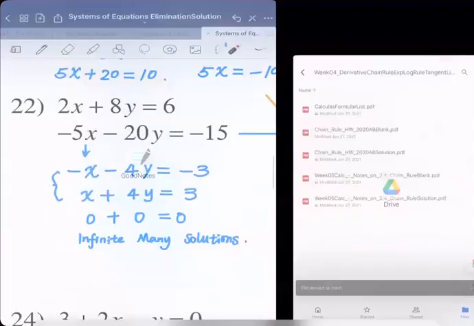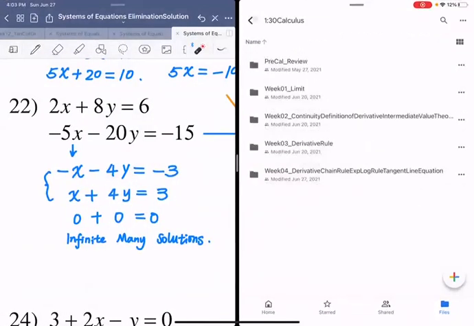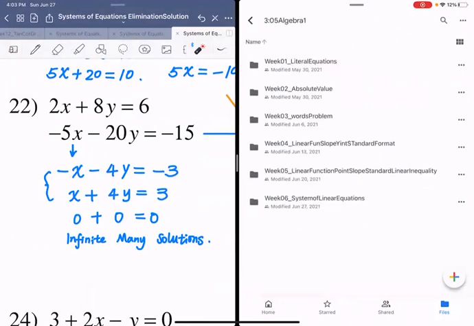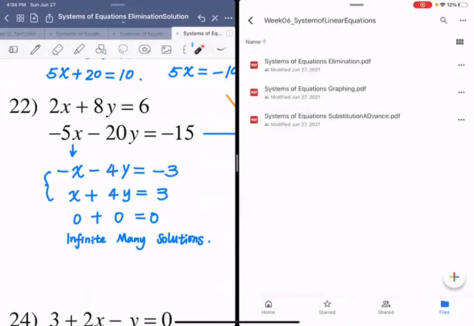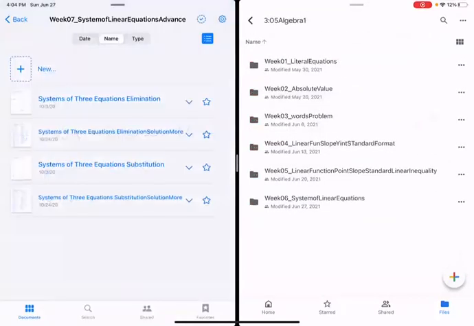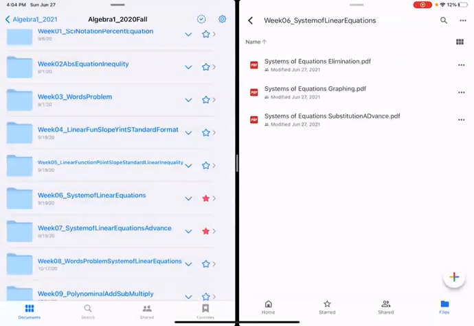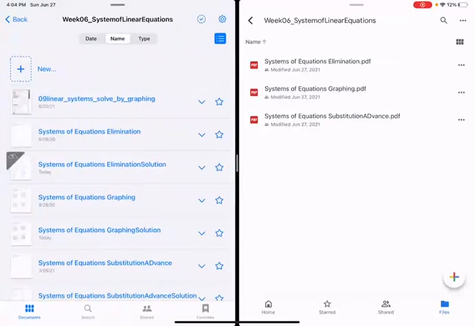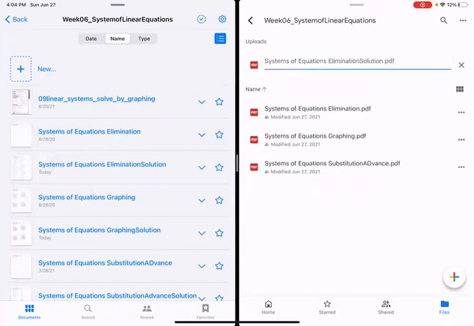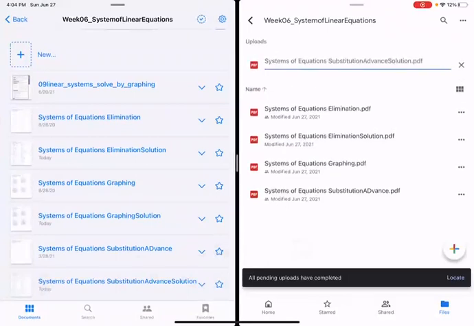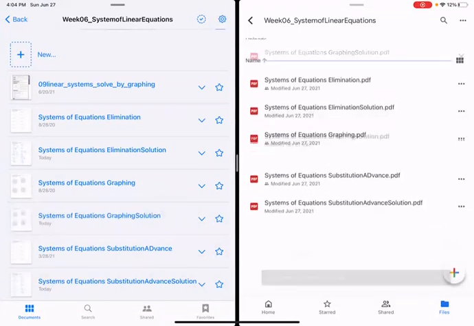Now I'm going to upload all the homework. The way we are learning today includes 3 different methods: substitution, graphing, eliminations, okay?